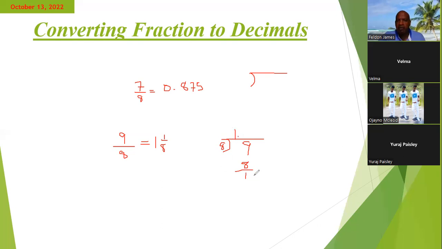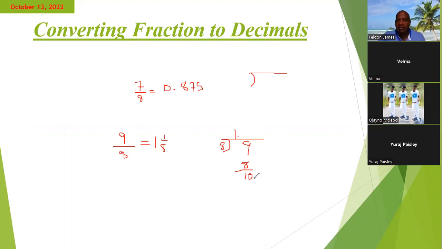Remember that anything that comes after the point is going to be over powers of 10. Everybody remember that? So in order to make it over 10, we would have to multiply this by 10. When you multiply it by 10, you just add a 0.